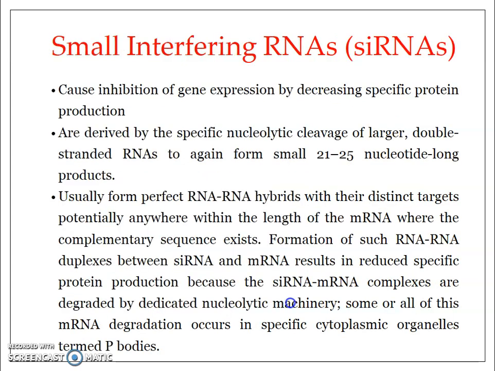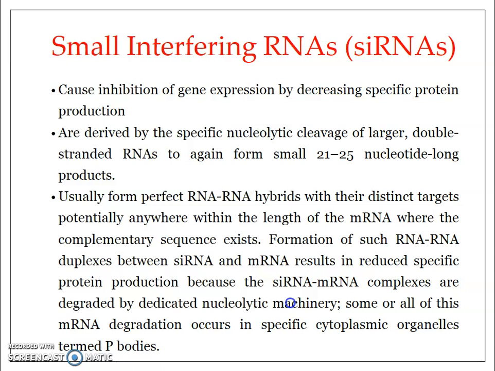Now the small interfering RNAs, as we have already mentioned, also inhibit the gene expression. How is it done? It is at the protein production stage, or the translation process stage. So it interferes with the gene expression by decreasing the protein production, that is by targeting the translation process. Both miRNA as well as siRNA work in the same way.